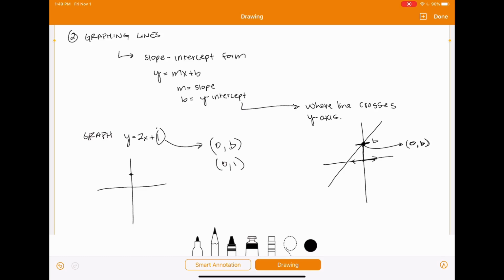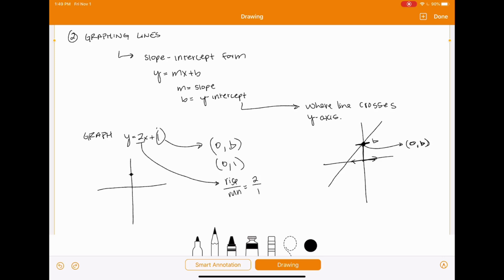So we're just going to come up 1 like that. And then we can use our slope to find another point. So if you remember, our slope is going to be equal to rise over run. So that's going to be equal to 2 over 1. Alright, so in this case, we're going to go up 2.